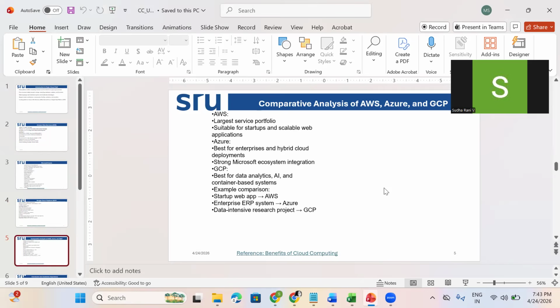GCP is best for data analytics, AI, and container-based systems. Example comparison: startup web apps, AWS; enterprise ERP system, Azure; data intensive research project, GCP.